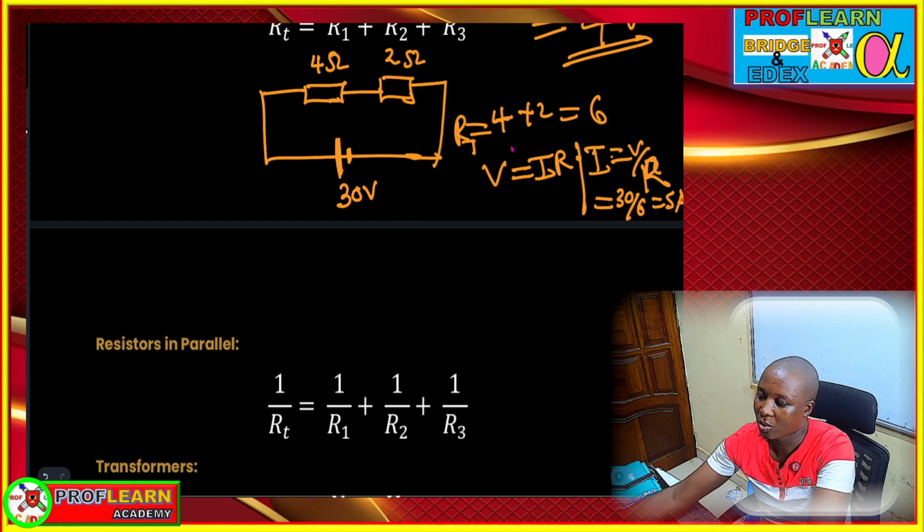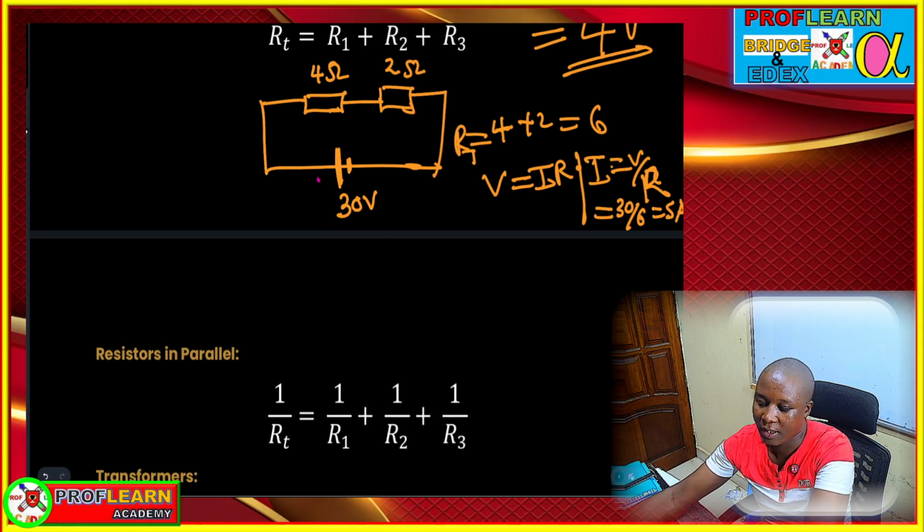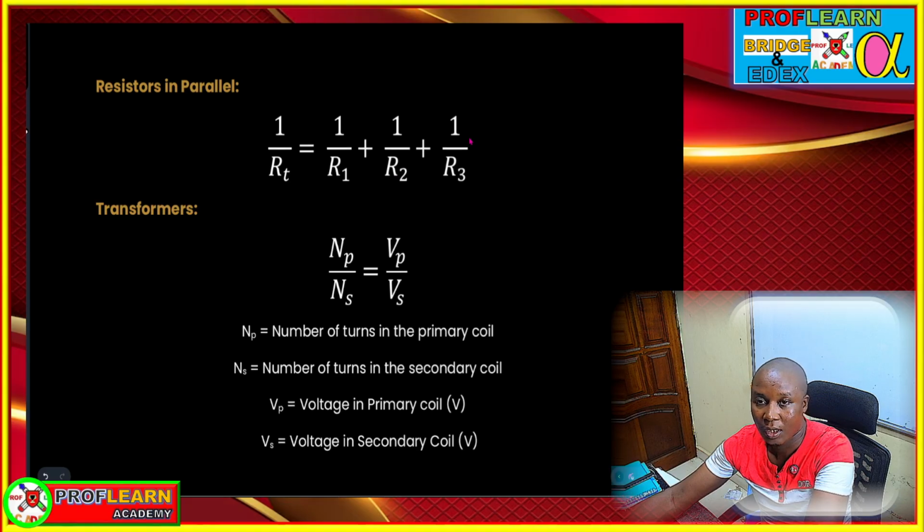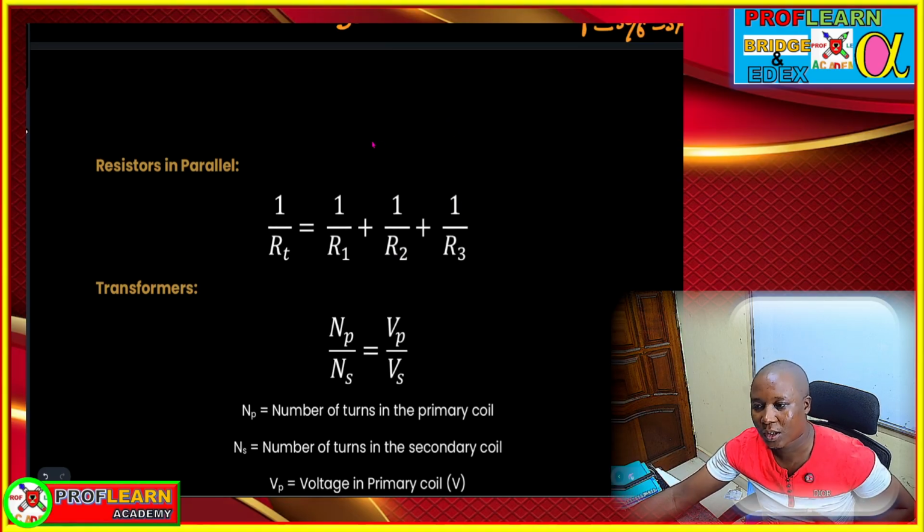So that is how you use these resistors formula, and if they are in parallel, you are going to say 1 over R total is equal to 1 over R1 plus 1 over R2, and so on. Now let me give you just a shortcut.